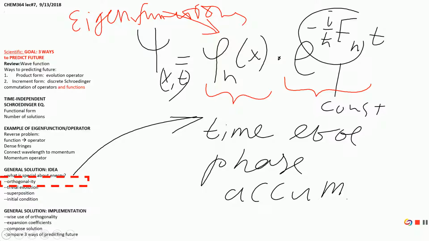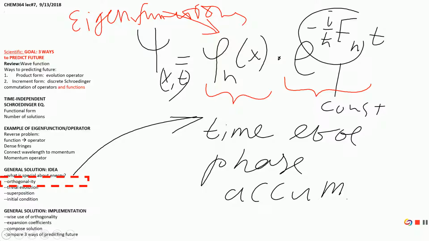And I don't remember if I highlighted it well enough, but the energy that comes into this oscillating factor is always the energy that is extracted from the time-independent Schrödinger equation.